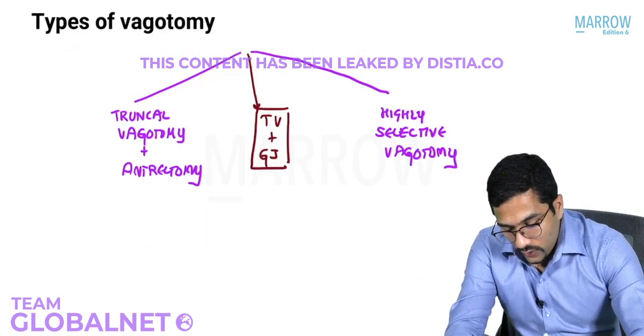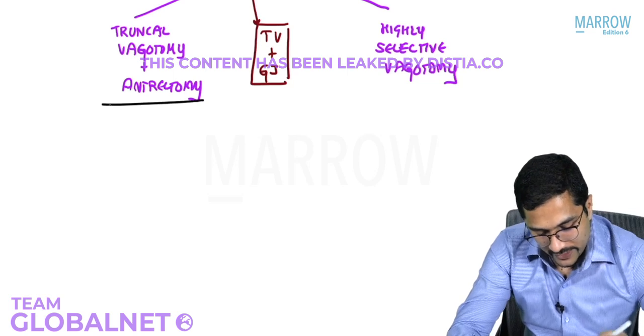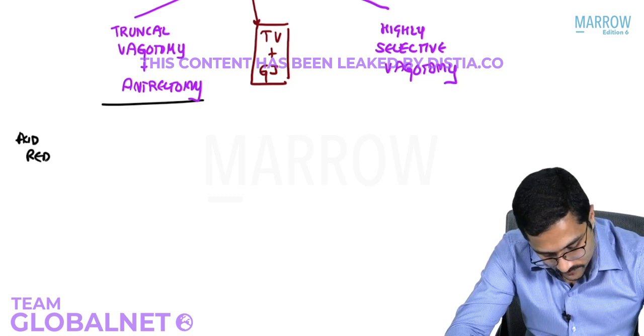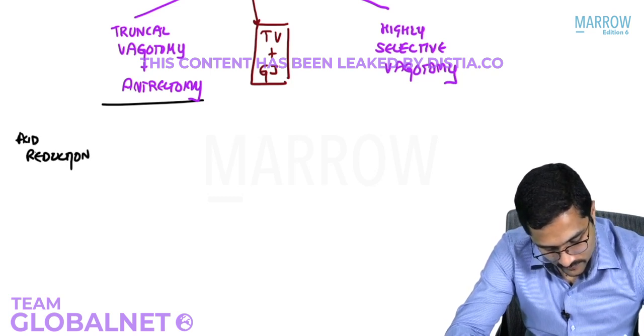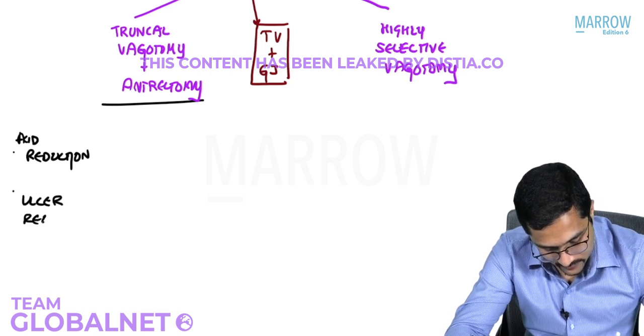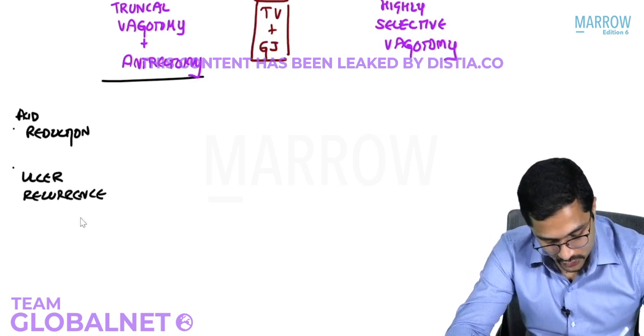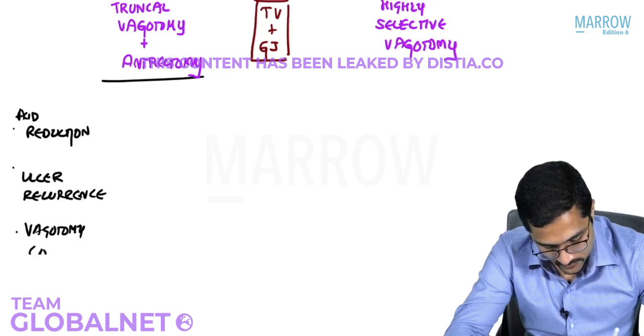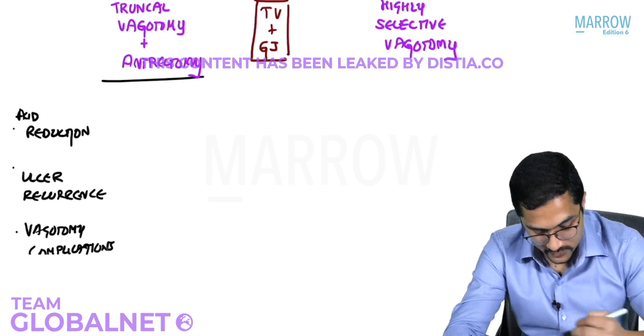So, truncal vagotomy plus antrectomy, if we look at acid reduction, if we look at ulcer recurrence, and if we look at vagotomy complications. So these are the three headers under which we need to talk about these surgeries.